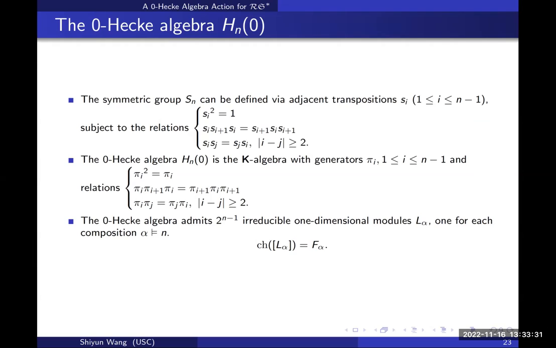Then the zero-Hecke algebra is also defined with generators pi_i with similar relations, such that pi_i squared is pi_i, and pi_{i+1}, pi_i, pi_{i+1} braid, and pi_i, pi_j commute.